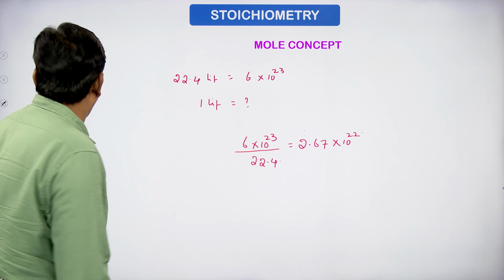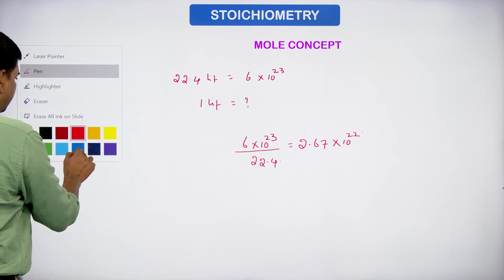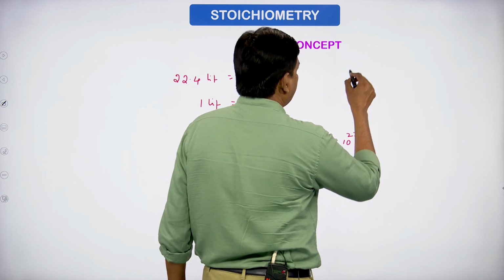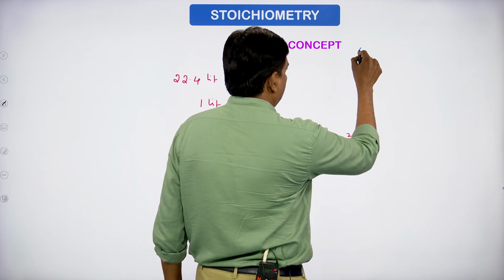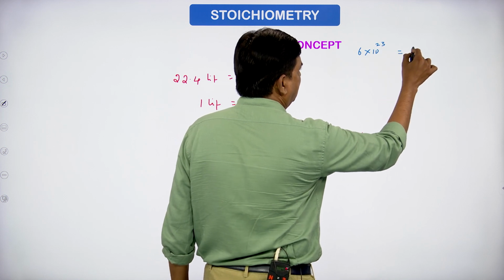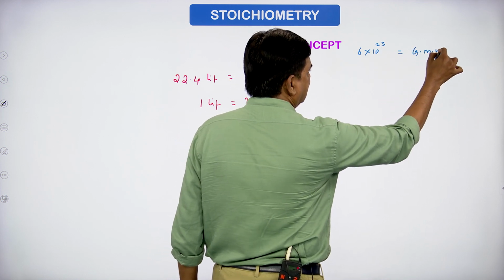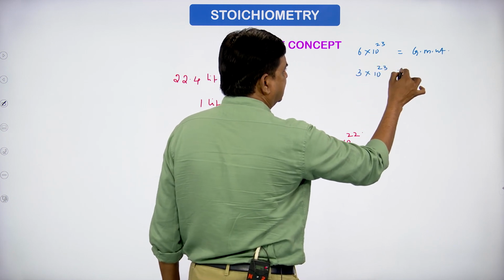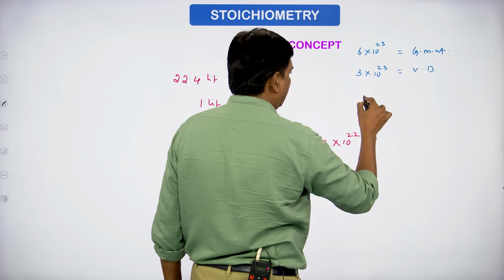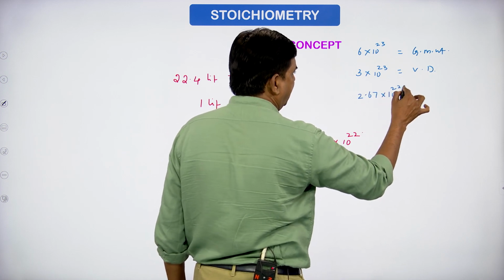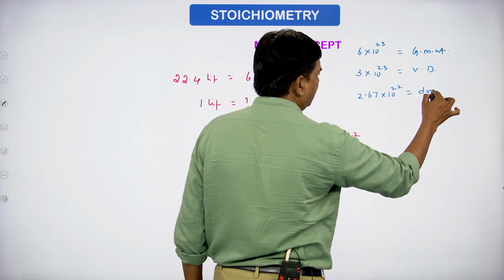From this you can write one beautiful point, students. 6 into 10 power 23 molecules is equal to gram molecular weight, and 3 into 10 power 23 molecules is equal to vapor density, and 2.67 into 10 power 22 is equal to density.